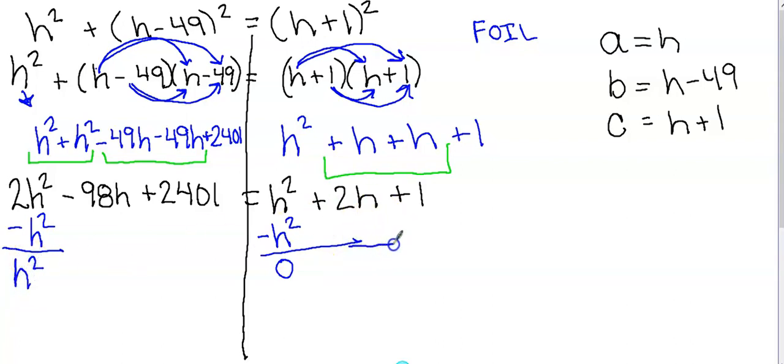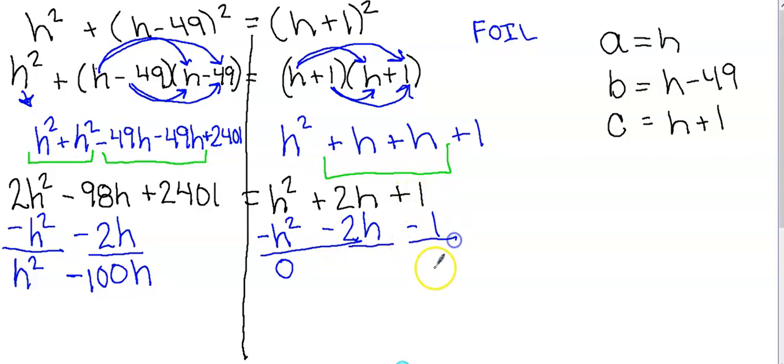Get rid of this 2H by subtracting, and line it up next to the other H term. Following our rules for addition, if I have two negatives, I add the numbers and keep that negative sign. So 98 and 2 is 100, but it's a negative 100H. And then one more, I'm going to subtract this 1. Here that's a 0.